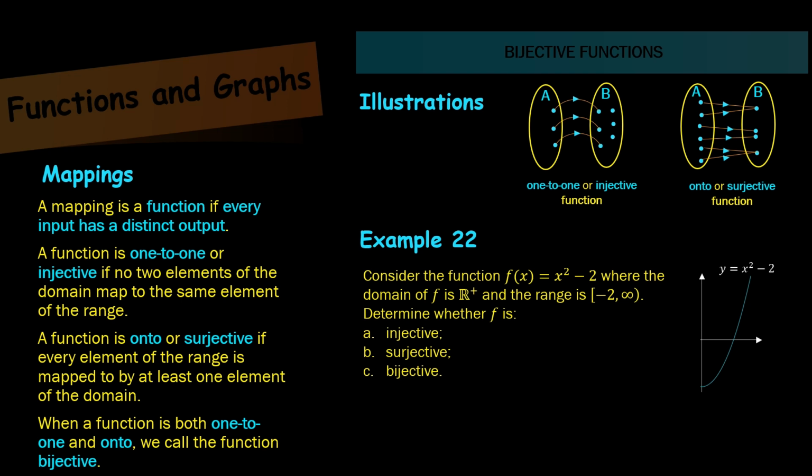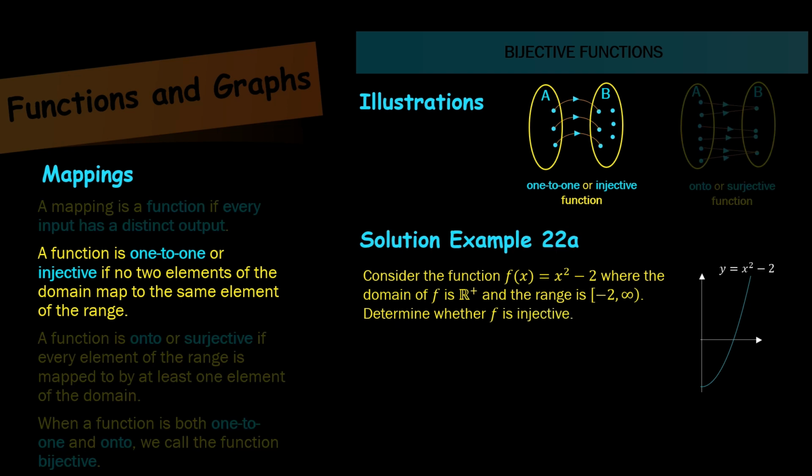So let's take a look at part A first. We are required to consider the function f of x equals x squared minus 2, where the domain of f is R plus, or the positive reals, and the range is minus 2 to infinity. Determine whether f is injective. We can see this illustrated in the diagram on the right-hand side.